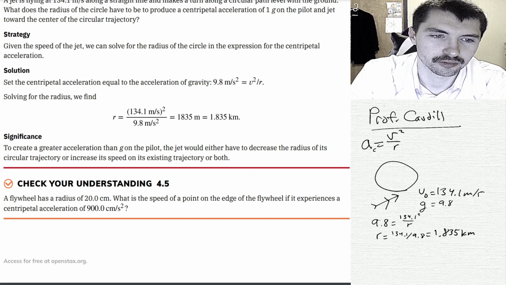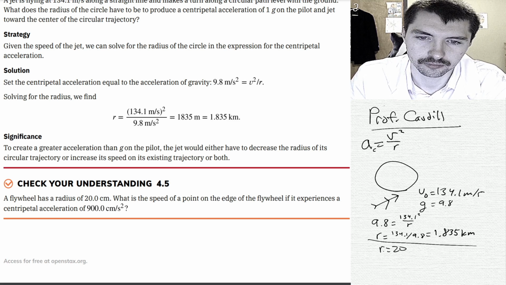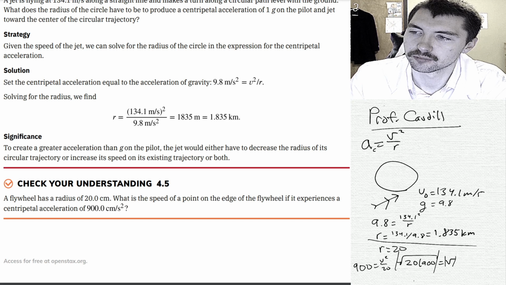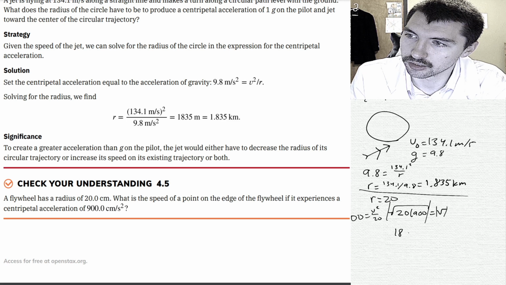All right, let's try another one. Flywheel has 20, so R is 20. What is the speed of a point on the edge? Okay, so if it's 900 squared over 20, so that's 20. V, and that should be absolute value. Okay, so 2 times 9 is 18.